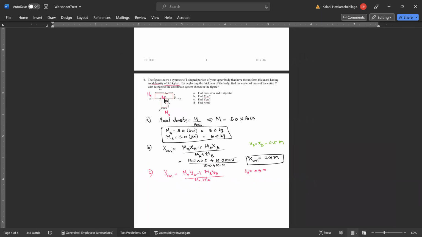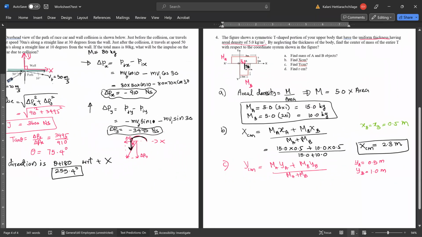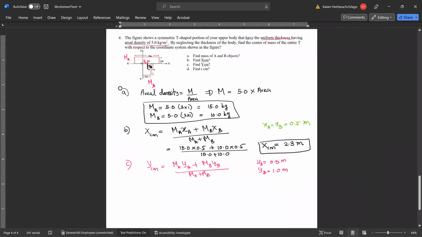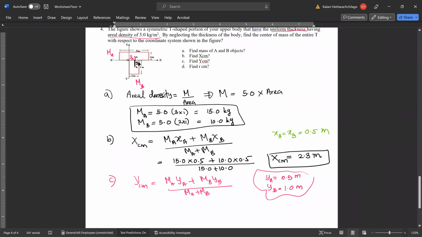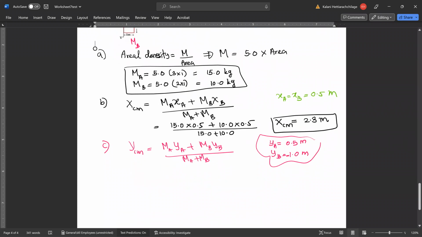I'll make it smaller. A second. Okay. So you see your yB and yA, how I get those numbers. Okay, double check that. Now we have all the information to calculate it, but it's very important that you have the negative in here. Don't forget to write that, because yB is in the negative y direction. yB is a negative value.